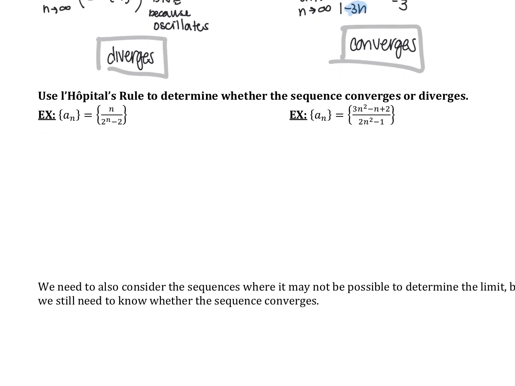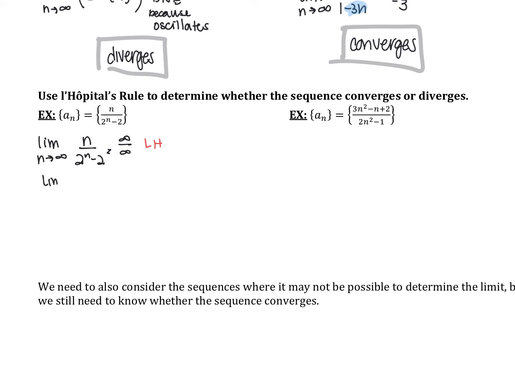All right, hopefully you've had a chance to look at these ones. Let's rewrite the problem: the limit as n approaches infinity of n over 2 to the n minus 2. If I substitute in, we would get infinity over infinity, which means that this is L'Hopital ready. So I'm going to use L'Hopital's now.